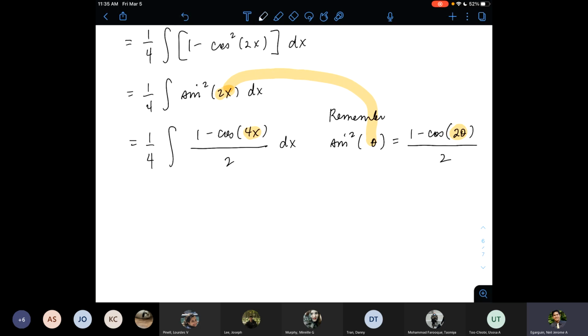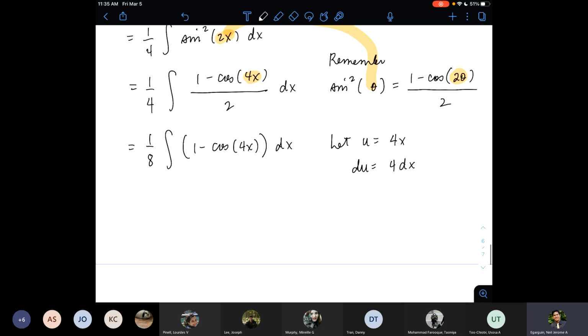And then I can take the 1/2 out again, and then we'll have 1 minus cosine of 4x dx. For this, I can let u be equal to 4x. du is 4 dx, so that means dx is the same as du over 4. So this dx here will be replaced by du over 4.